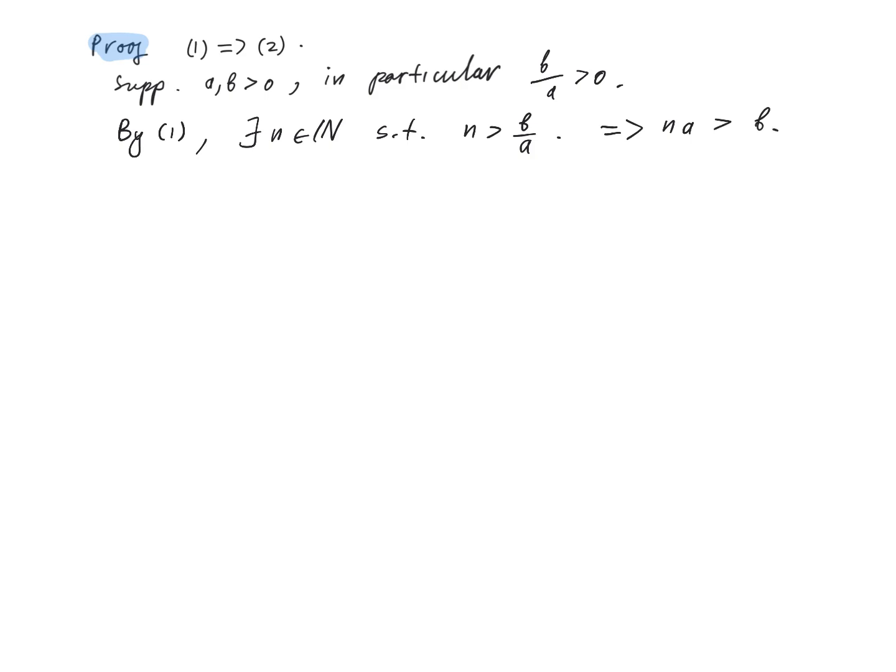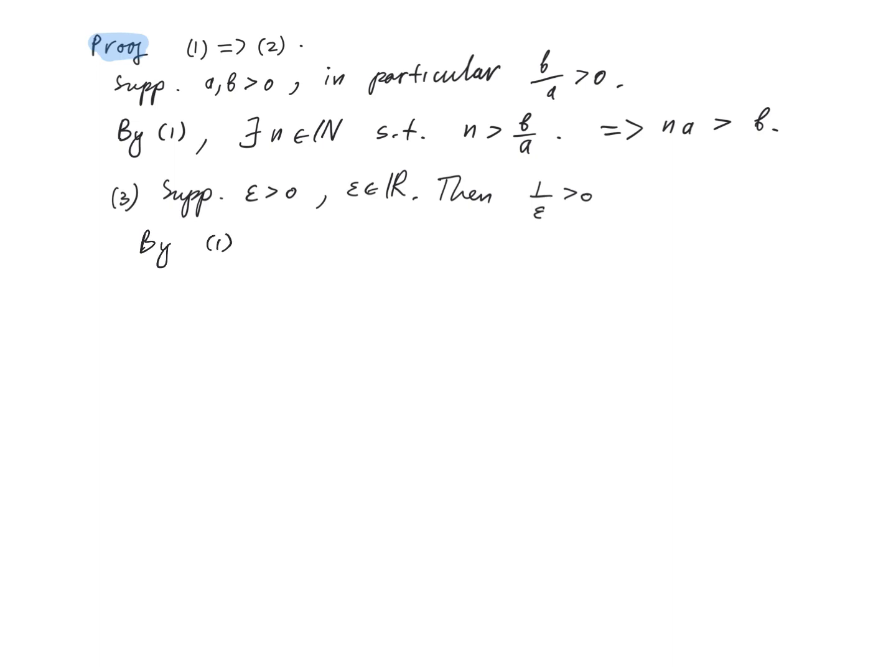So this gives 2. Finally, to prove 3, we suppose that epsilon is a positive real number, then we know that 1 over epsilon is also a positive real number.